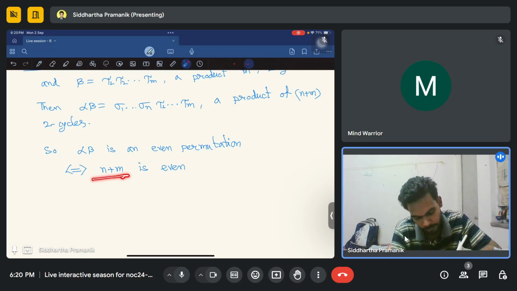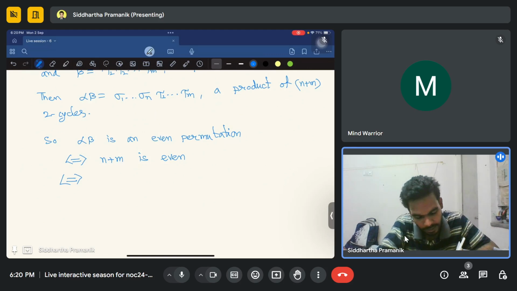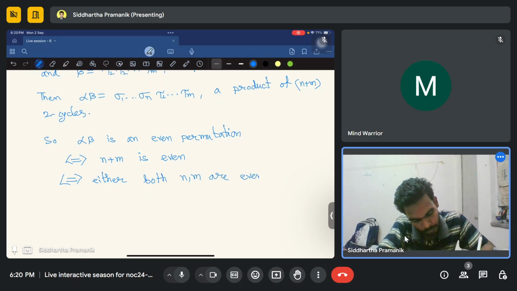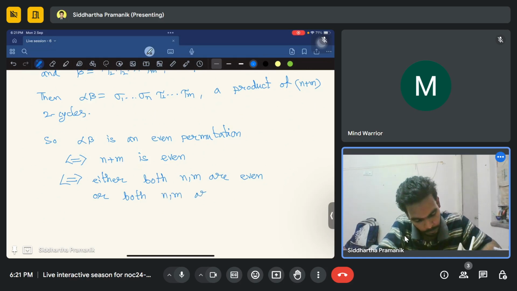So when is it even? If and only if both n and m are even or both n and m are odd. So either both n, m are even or both n, m are odd.